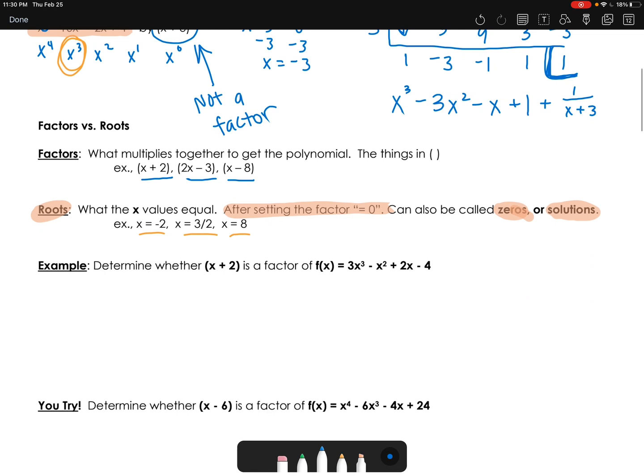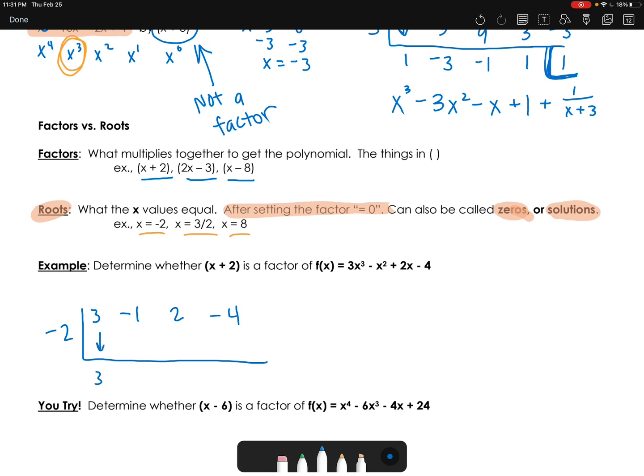So we're going to try to see if x plus 2 is a factor of this polynomial. So x plus 2 equals 0, x equals -2. So I'm going to set up my synthetic division. -2, what goes inside is 3, -1, -1, 2, and -4.